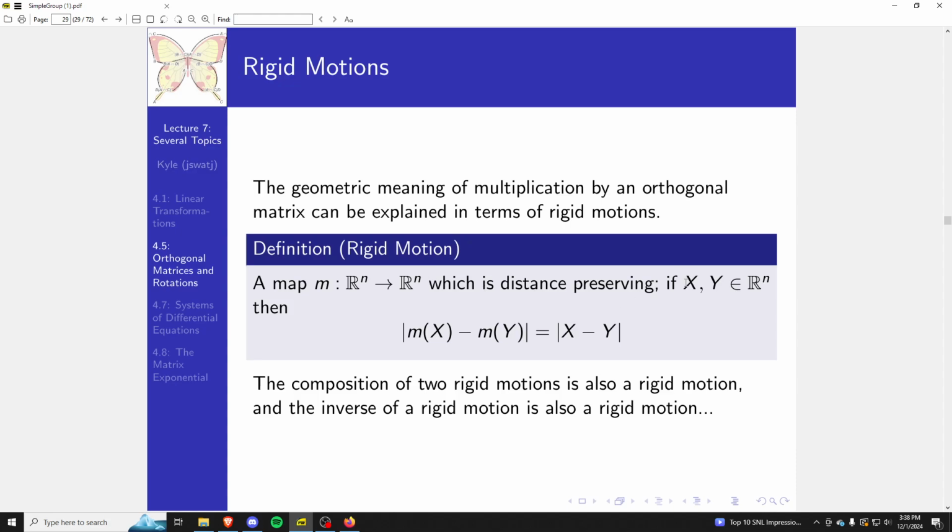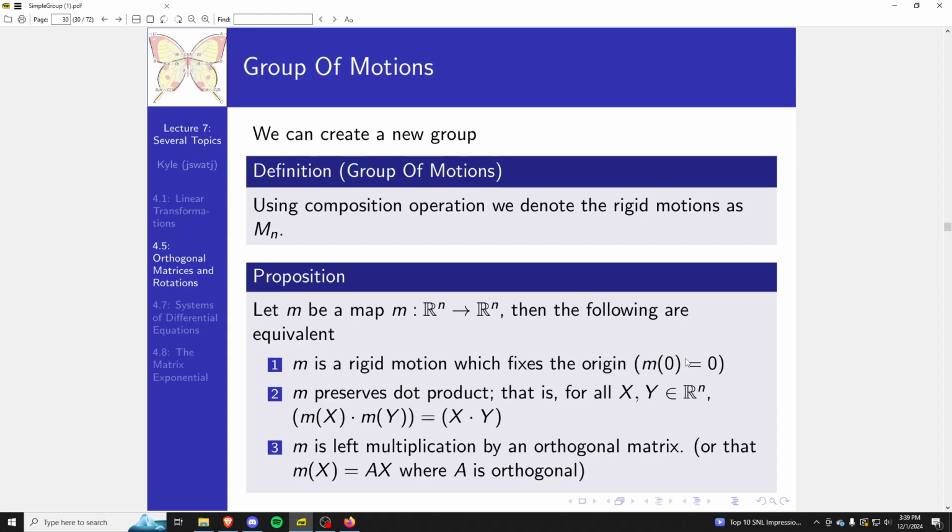So for any two column vectors x and y in R^n, the distance between M(x) and M(y) is the same as the distance between those two column vectors. And so the composition of two rigid motions is also a rigid motion. The inverse of a rigid motion is also a rigid motion. So obviously that implies that we're going to have another group, and so we have a group of motions, which we call M_n, specifically rigid motions.